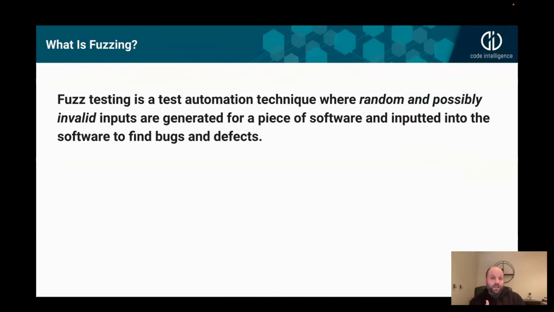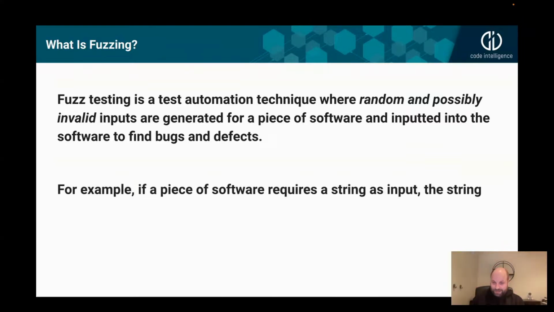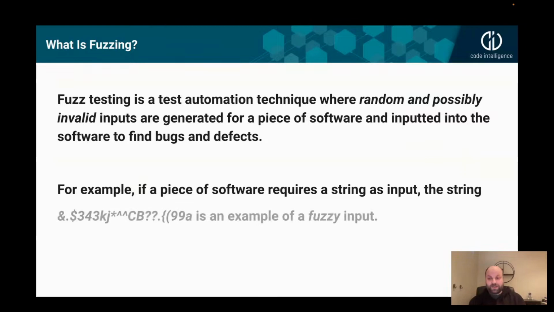So what do we mean by random and possibly invalid inputs, or fuzzy inputs? As an example, let's say we have a piece of software like a function or a method that requires a string as input. The string, this thing, might be considered an example of a fuzzy input. It's semi-random.